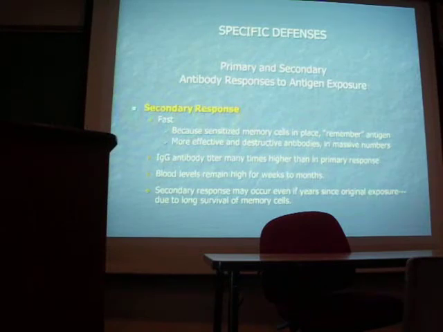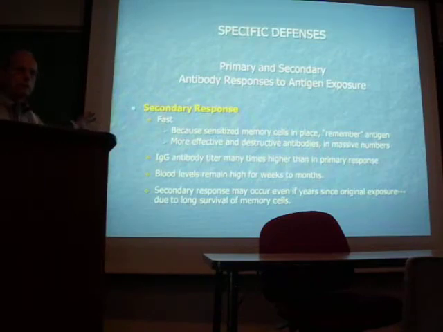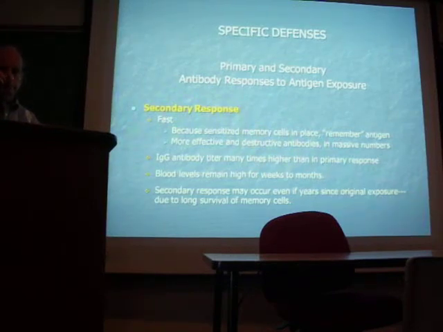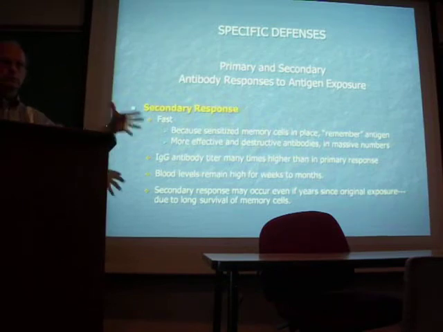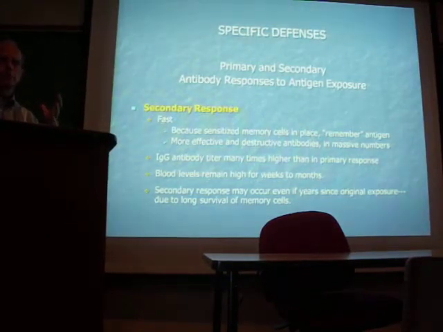Now here's the secondary response. Remember that when the primary response occurred, we were also developing memory cells, weren't we? That were held in reserve. If down the line, could be weeks, months, years later, we meet this same antigen, we already have a population of lymphocytes that's been cloned that recognizes this antigen, and they're going to pounce on it right away.